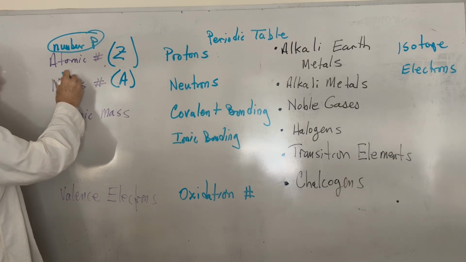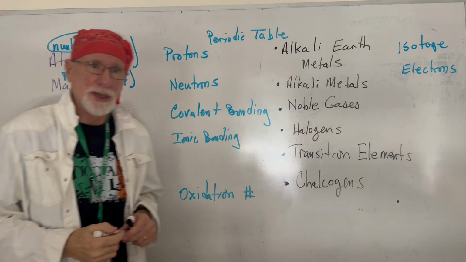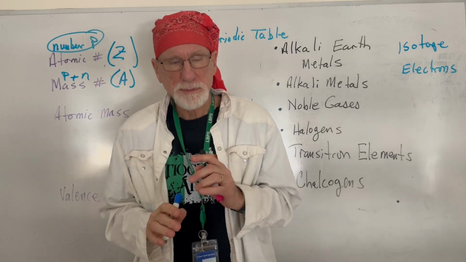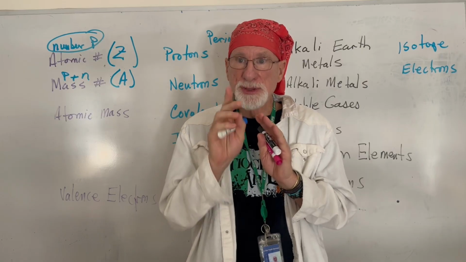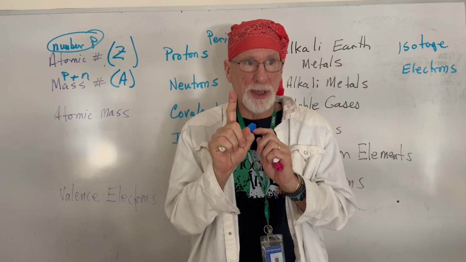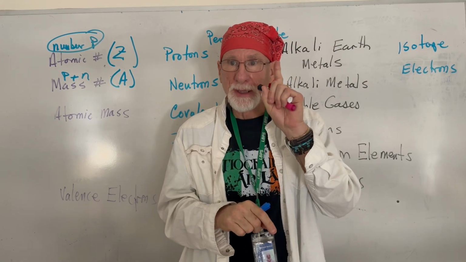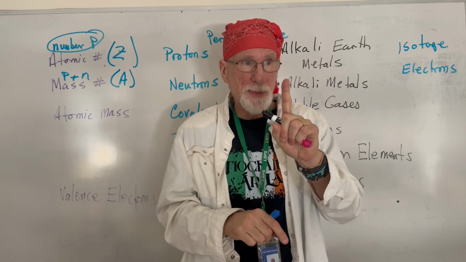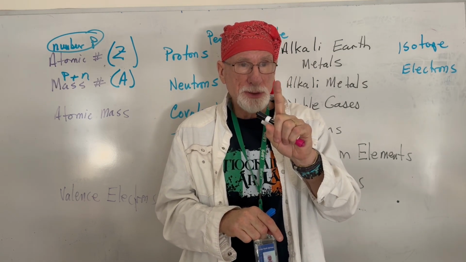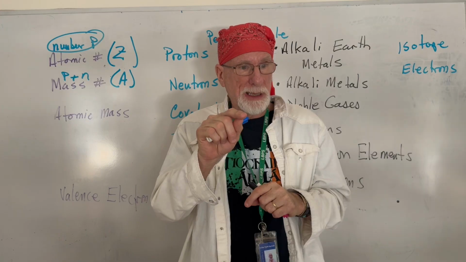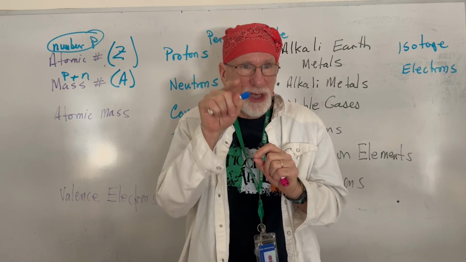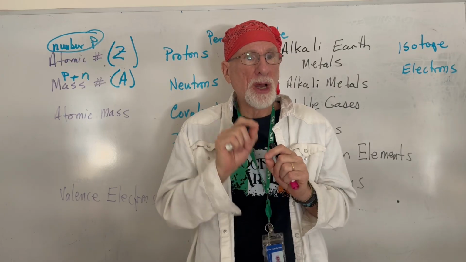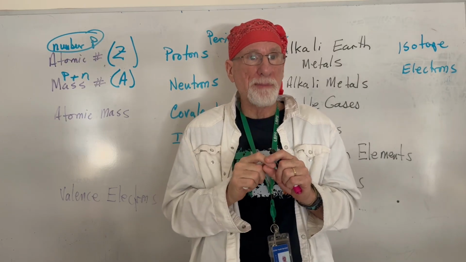And this is protons plus neutrons. Now, remember, the proton has a mass of 1 atomic mass unit. The neutron has a mass of 1 atomic mass unit, right? So the mass number would be the number of protons and neutrons in the nucleus. So all you do is count them up.